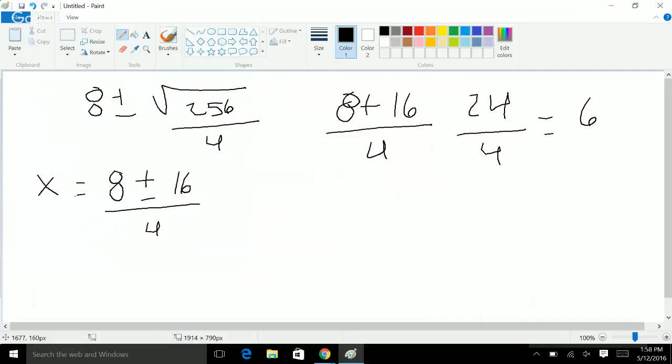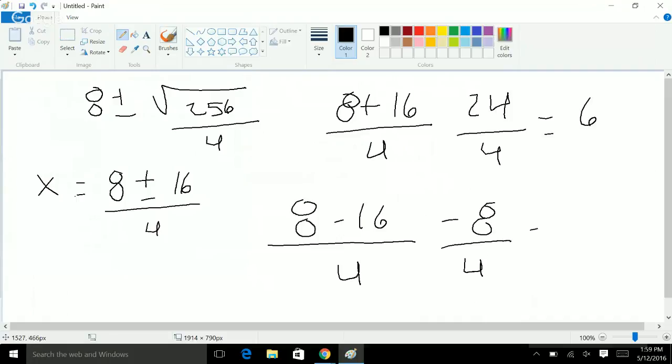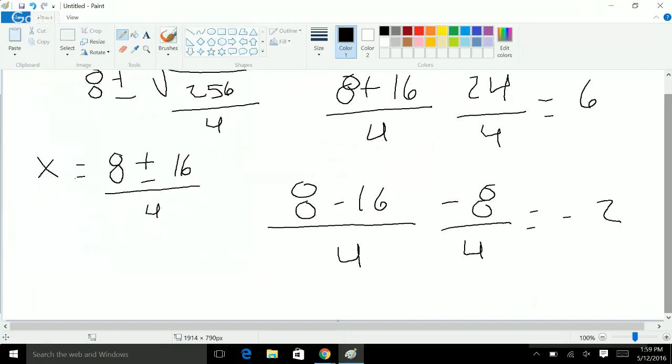And then we're going to subtract on the second one, so it's 8 minus 16 divided by 4, and it's negative 8 over 4, which equals negative 2. So the two answers are x equals 6 and negative 2.